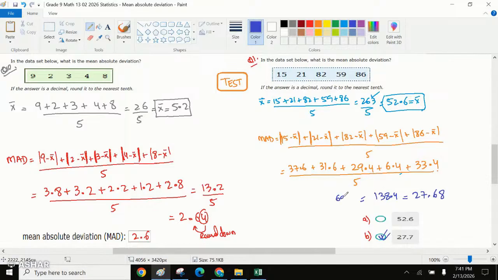It came out to be 692 divided by 5. Okay, so we know how we can find the mean absolute deviation for any given data. We need to find the mean, then we need to find the difference of the number minus the mean with an absolute function. That's why it's called mean absolute deviation. Absolute means it would always stay positive.